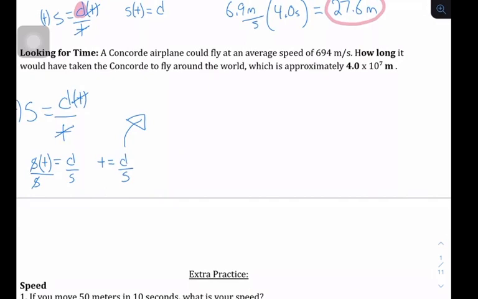So we have a distance, and that is the distance around the planet, which is 4.0 times 10 to the 7 meters. Let's write that out. 4, and when I move my decimal place over 7 times to the right, 1, 2, 3, 4, 5, 6, 7. I'm dividing that distance, which is in meters, by my speed, 694 meters per second.